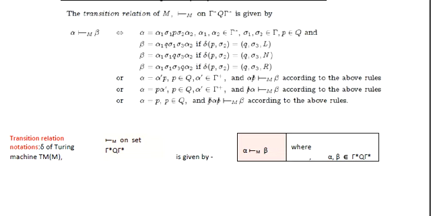In that case, depending on my transition function and the read-write head movement, beta will be changed.